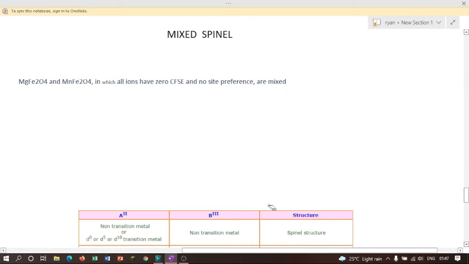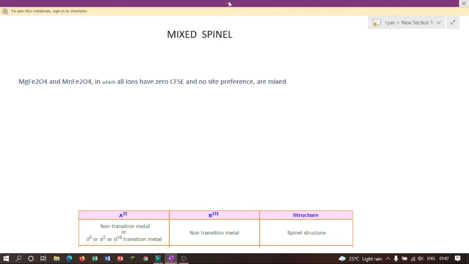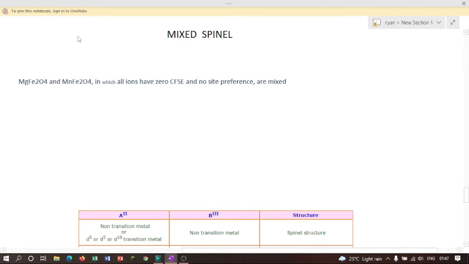Next I am going to explain about the mixed spinel. Here I am going to take MnFe2O4. Here Mn is in the plus 2 oxidation state. This is a d5 configuration, and here the crystal field stabilization energy is equal to 0.